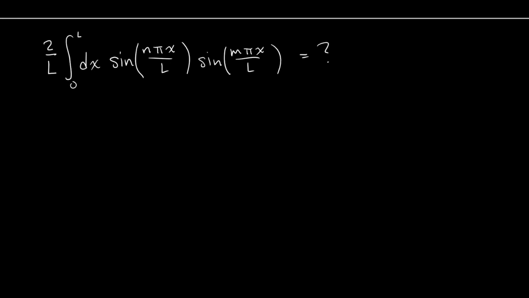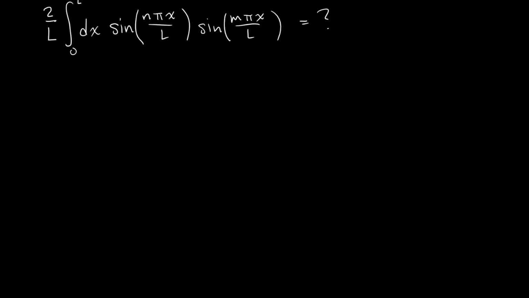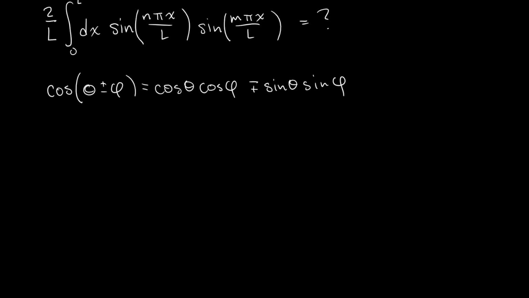To do this, we can use a trick, and that trick is looking at this trig identity. Cosine of theta plus or minus phi is equal to cosine theta cosine phi minus plus sine theta sine phi.